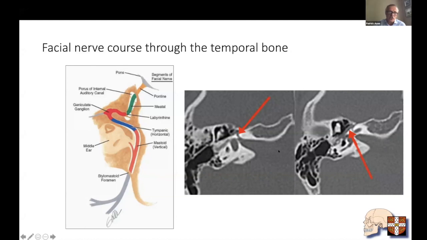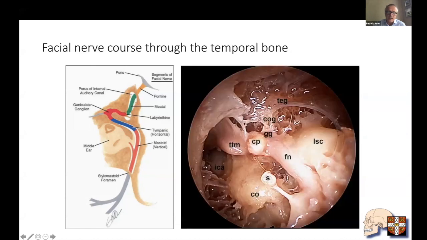And this is best shown here with this lovely picture of the contents of the middle ear cleft. So the facial nerve is like a bridge, and it seems to be holding up the lateral semicircular canal.